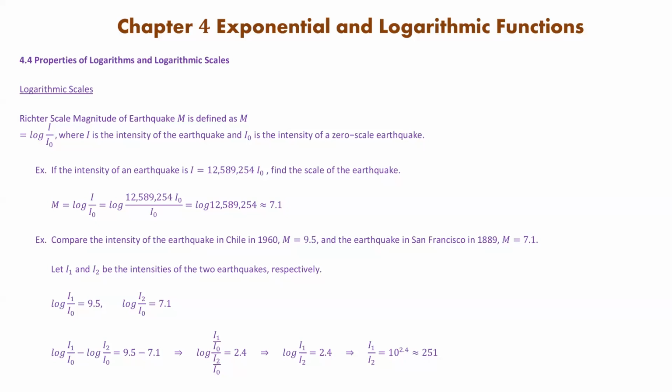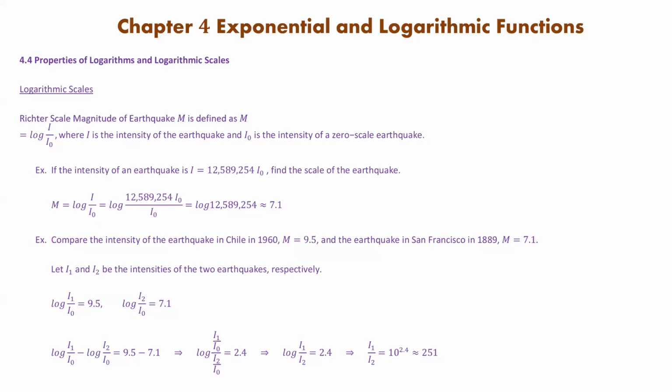Now if we use a calculator to compute, 10 to the 2.4 is 251. So the intensity of the earthquake in Chile in 1960 is 251 times the intensity of the earthquake in San Francisco in 1889. So it's much stronger.